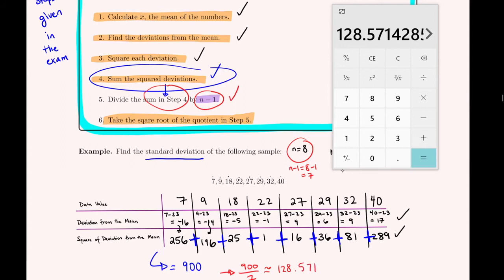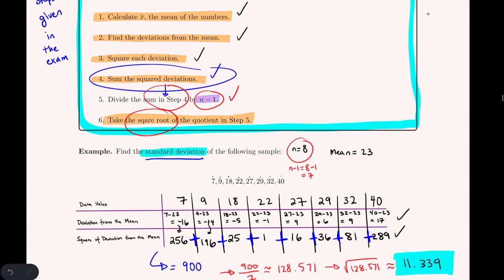And then finally, the last thing that we have to do is what we just found in step 5, we need to take the square root of it. So I'll take the square root of this number, and I find that the square root of 128.571 is about 11.339 when rounded to 3 decimal places. And that is how we would calculate the standard deviation.